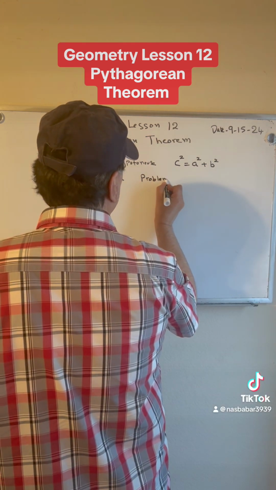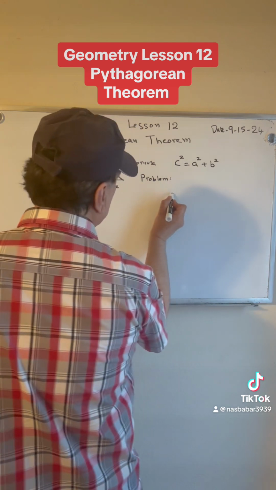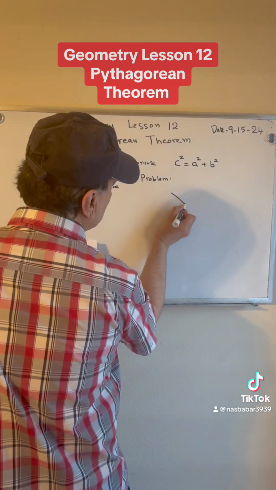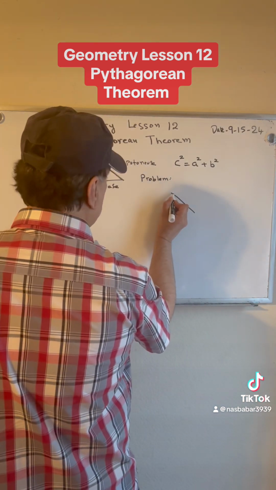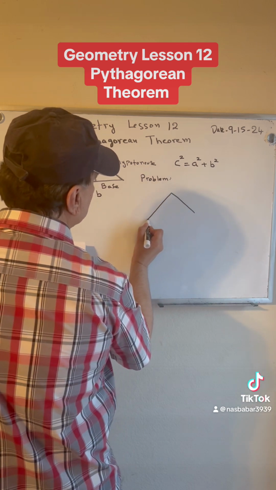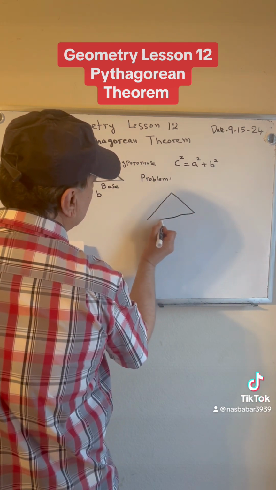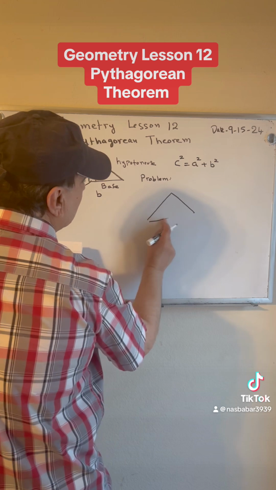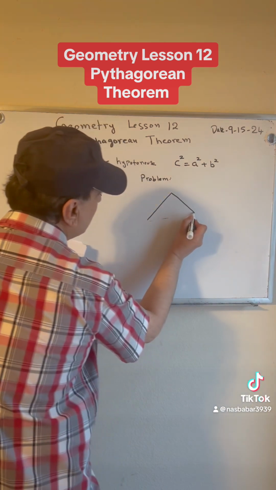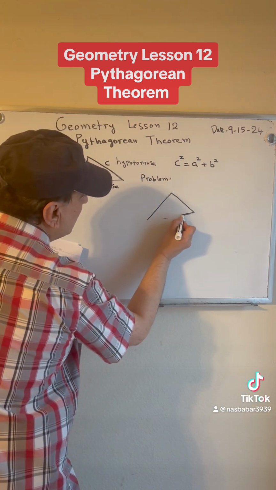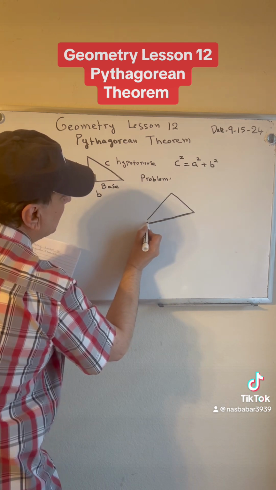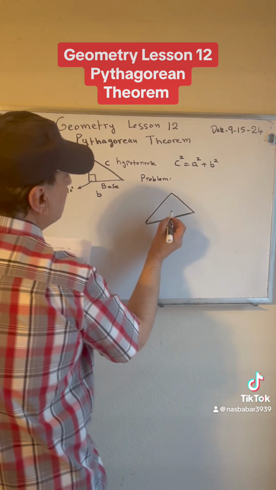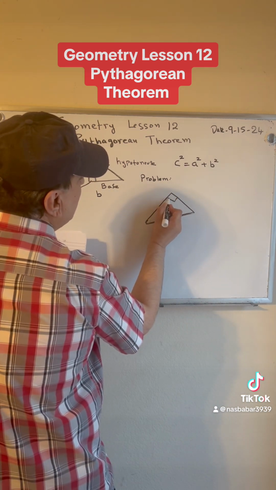Let's look at a problem. So let's say we have something like this, and then we have something like this, and something like this. It's not a straight line, but I'll do the best I can. Not a good artist. Okay. So this angle right here is 90 degrees.